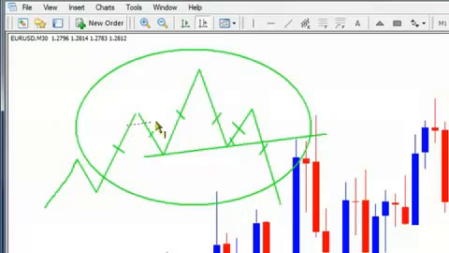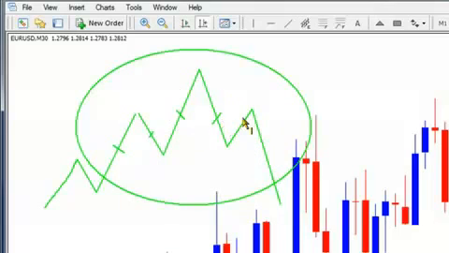This is our right shoulder, our left shoulder, our left neckline, our head, right neckline, right shoulder, and they will tell you to capture this trade after it breaks through the neckline, because that's the confirmation that we're in a downward trend. Okay, I don't believe in trading it that way.